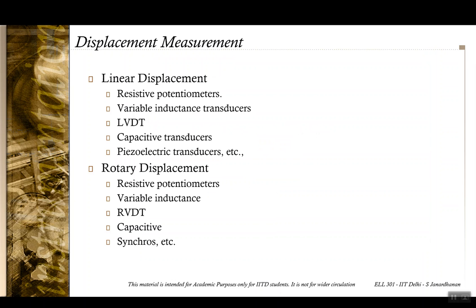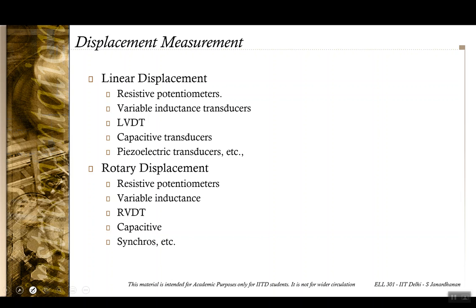We had, from the last lecture, started the methods of displacement measurement using variation of passive elements like resistance, inductance, and capacitance.